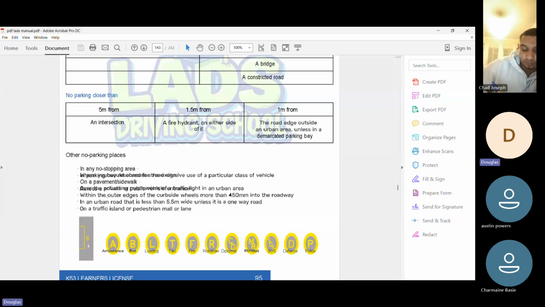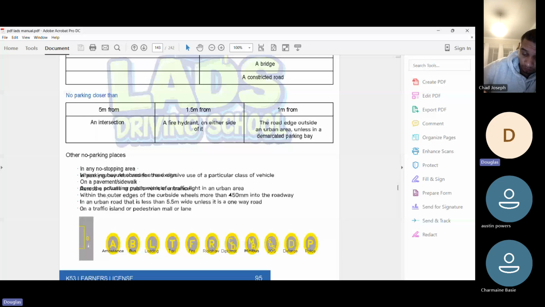To make it simpler, it should be half a meter, which is 500 millimeters. But basically, 450 millimeters plus, you're safe. Less than 450 millimeters, you are illegally parked.